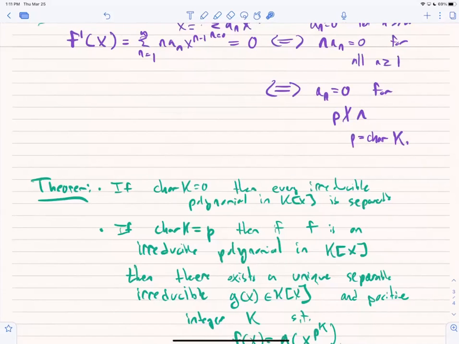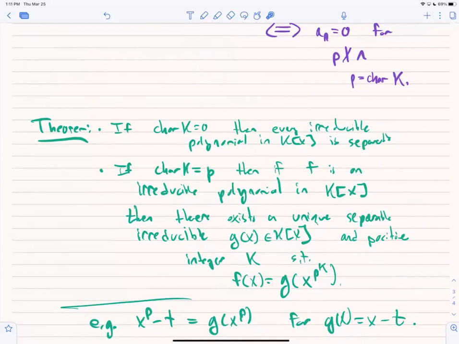So you write it as g(x to the p), and then you just apply the same thing to g. If g is not separable, then again write some new polynomial g2, such that g is g2(x to the p), and then keep on going.